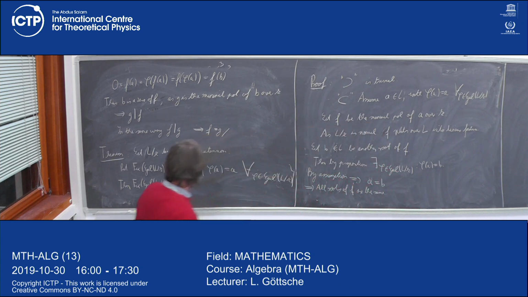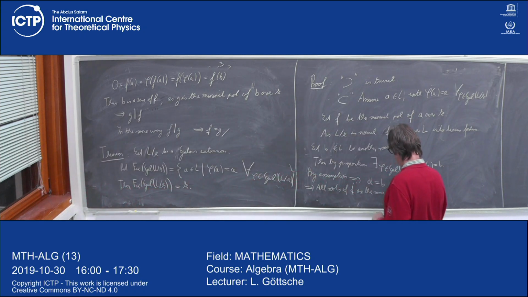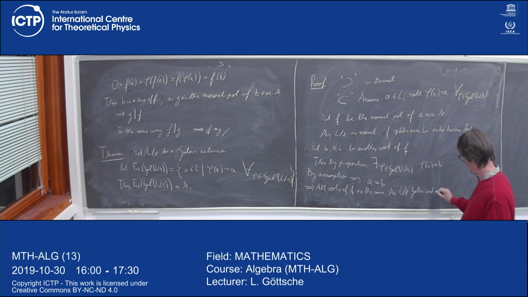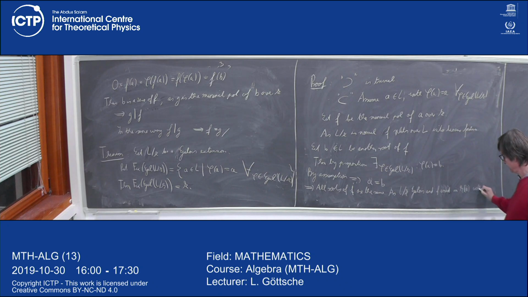But we also have assumed we have a Galois extension, so it's separable. As L over K is Galois, and F is irreducible, so it's an irreducible element in K[x] with a 0 in L, it follows it has no multiple roots in its splitting field.